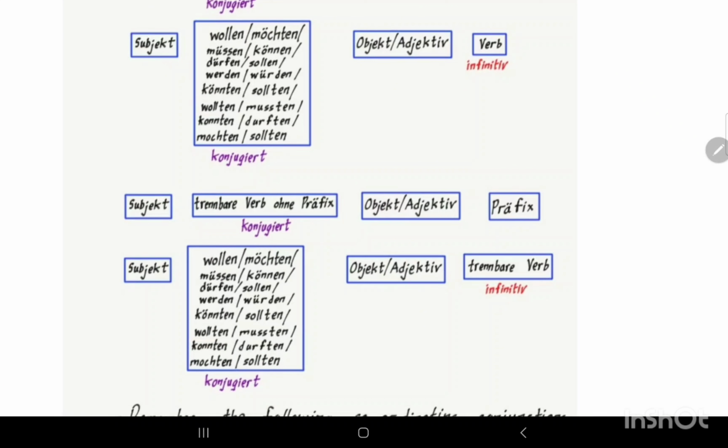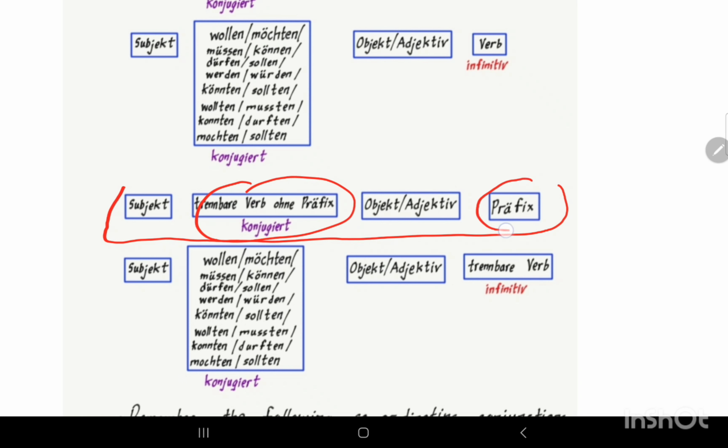Then let's look at sentence structure with just one verb, but that verb is separable. It's a trennbar verb. That means it has a prefix. So how do you write it? The prefix gets pushed to the last position, then the other part of the verb without the prefix gets conjugated for the given subject, right?